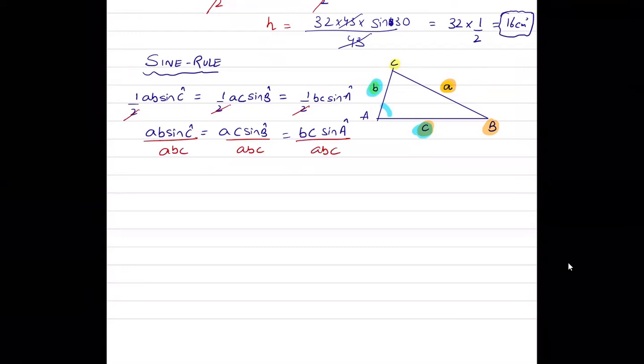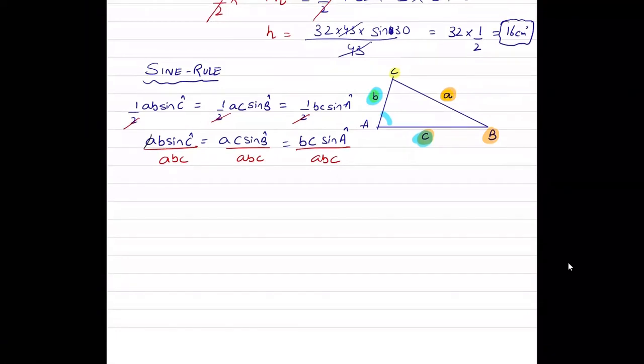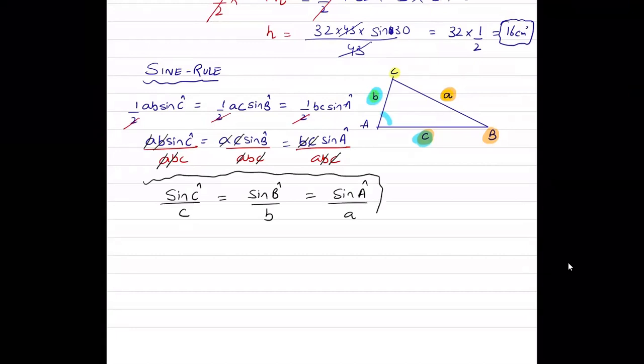After dividing, A and A cancel, B and B cancel, so I get sine of angle C upon C. A and A cancel, C and C cancel, so sine of angle B upon B. B and B cancel, C and C cancel, so sine of angle A upon A. And they all are equal. This is what we call the sine rule.